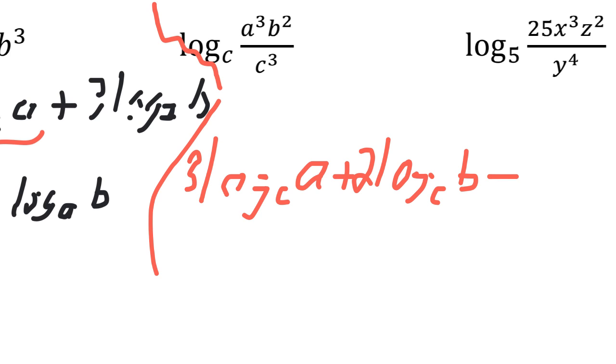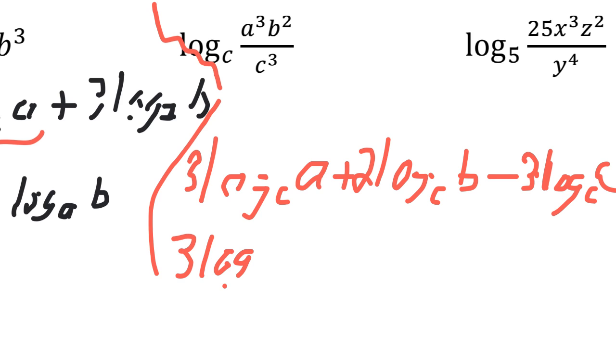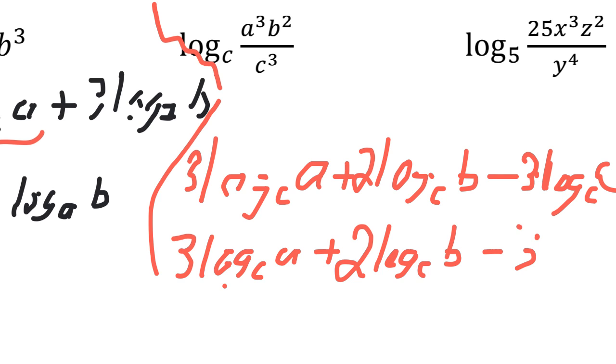minus, and we've got a 3 log base c of c, and we all know that log with the same base of what it is is 1, so we end up with 3 log base c of a plus 2 log base c of b minus 3.